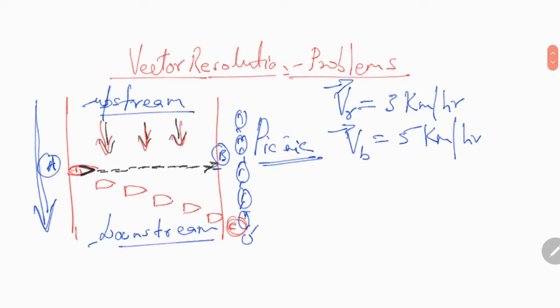This is very logical. You can understand this without getting into too many details. So the question now is, how will you get to B?